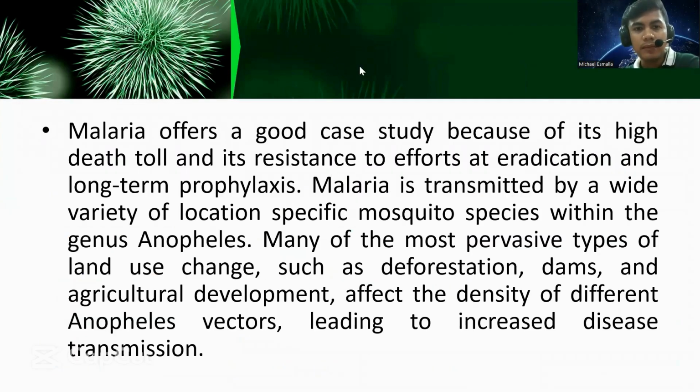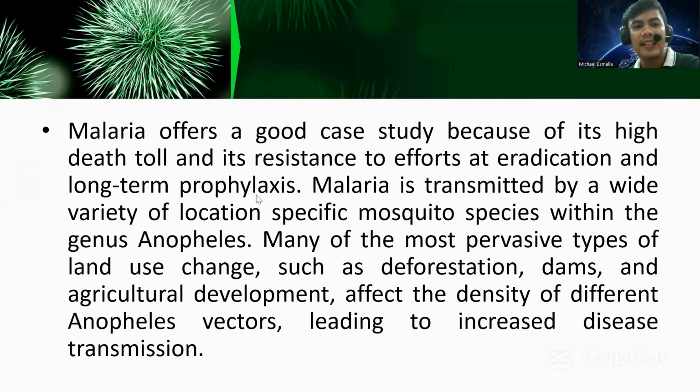Now, in studying zoonosis, guys, we usually use malaria to study the transmission of diseases because of its high death toll and its resistance to efforts at eradication and long-term prophylaxis.